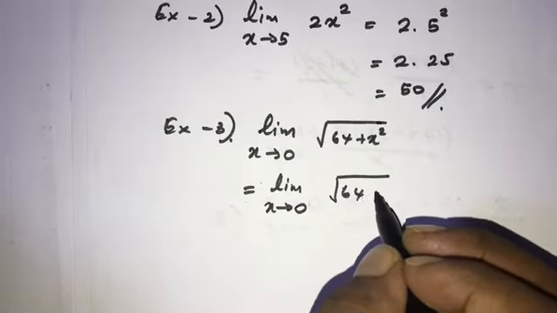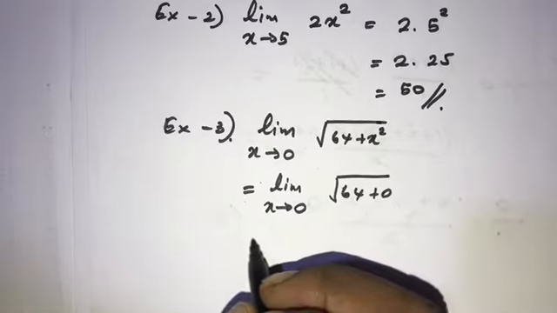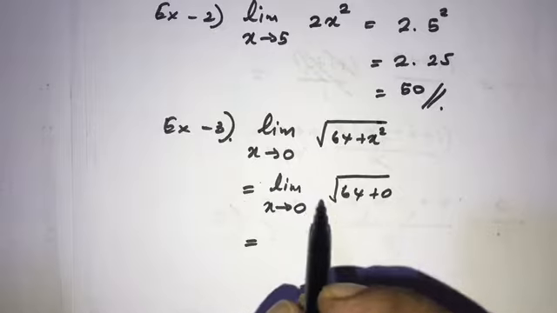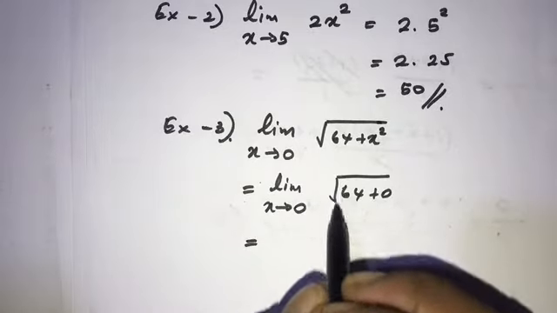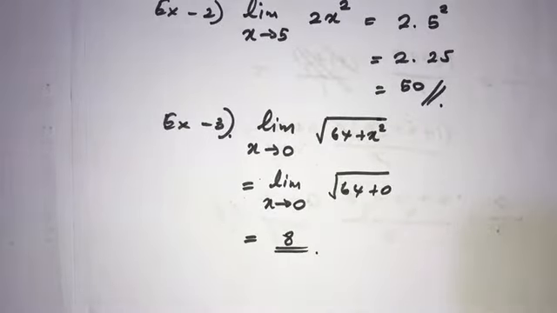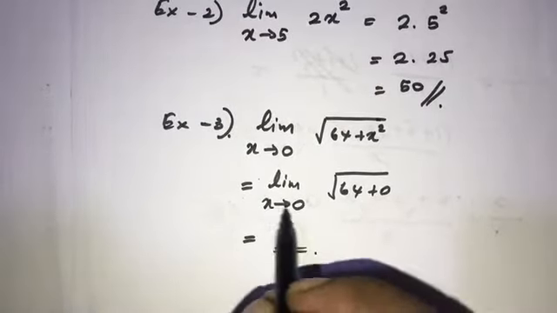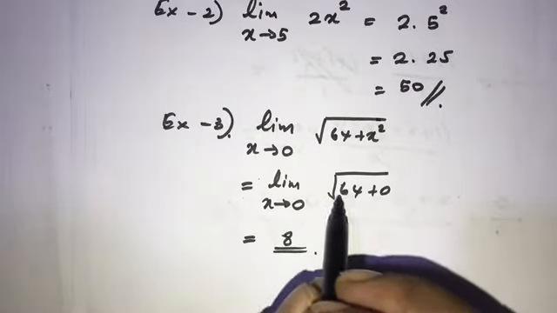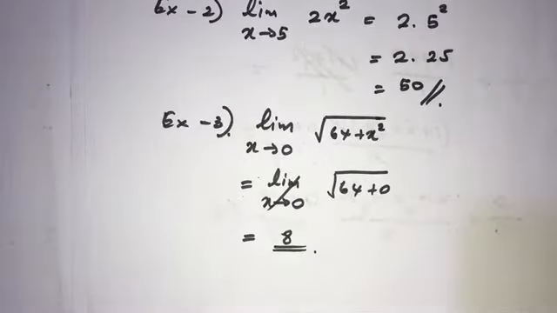Square root of 64 is 8. Sorry, we can't write limit x goes to 0 once we have substituted the 0 for x. Okay, we are done with this first method, but usually finding the limit is not this simple. So let's look at the next method.